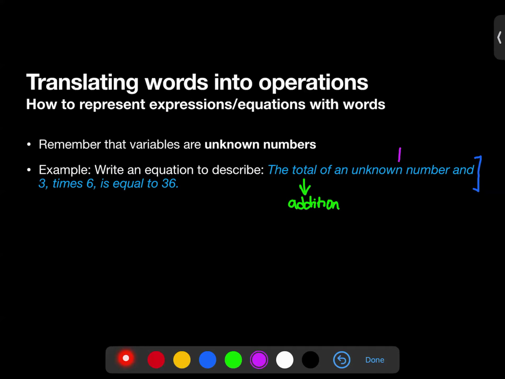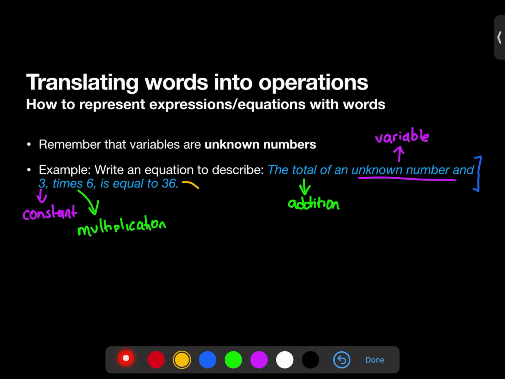An unknown number is what? Variable, correct. 3 is what? Constant, correct. Times is what? Addition, multiplication, or subtraction? Correct.